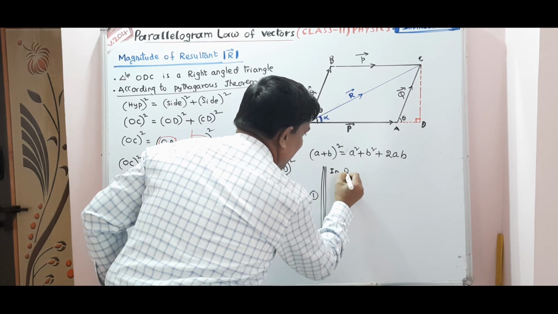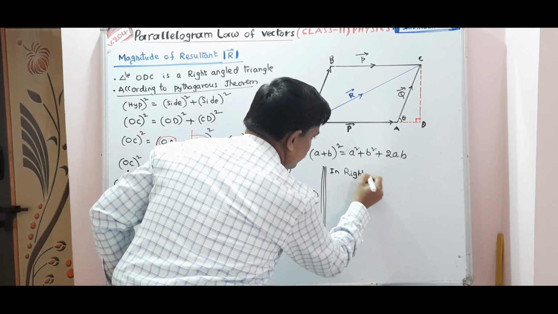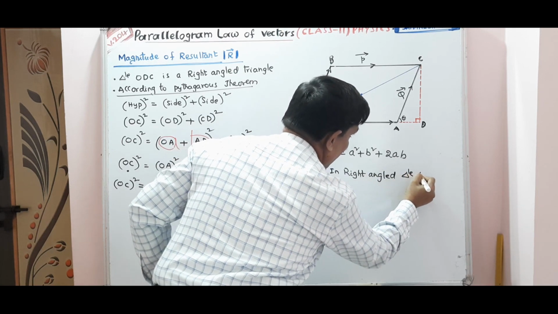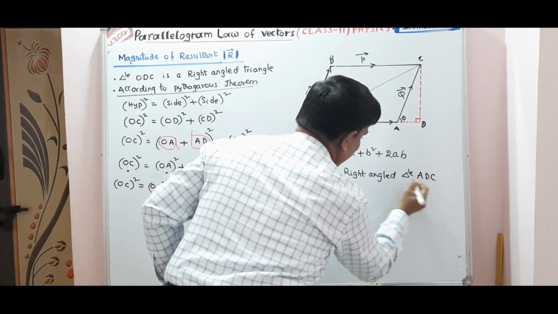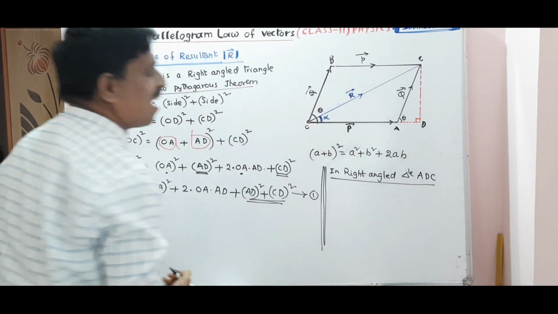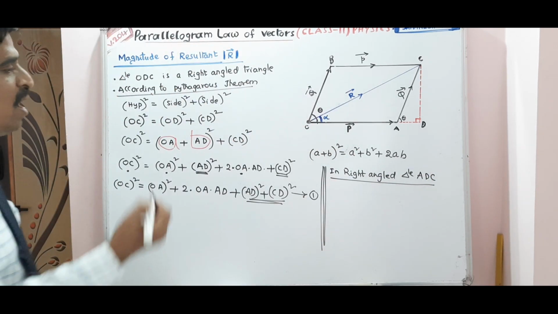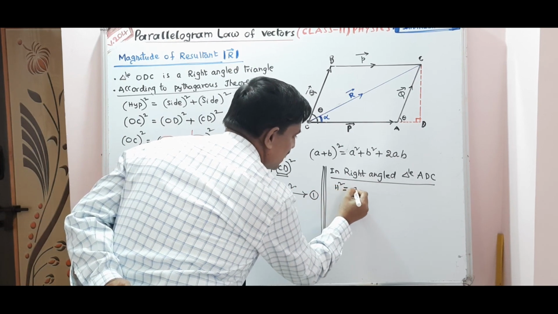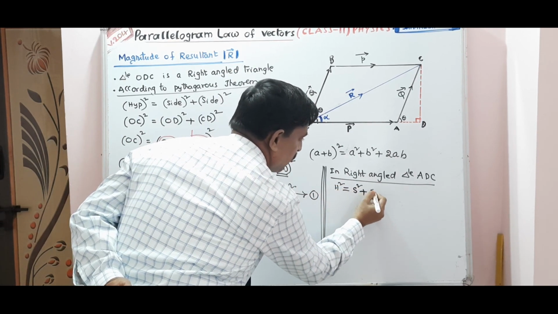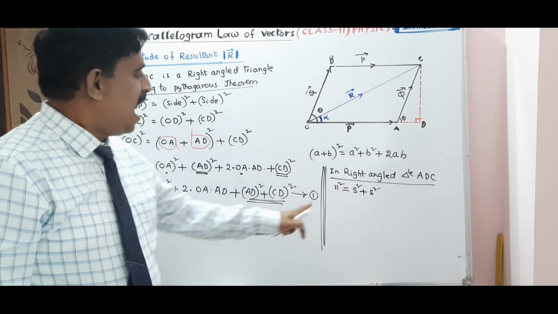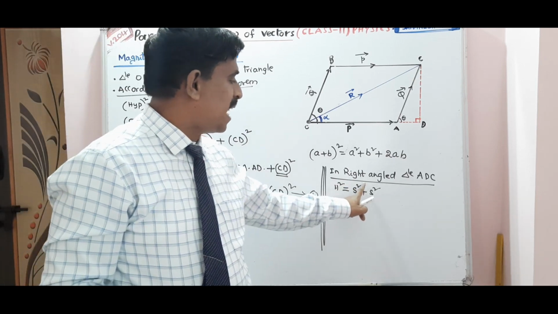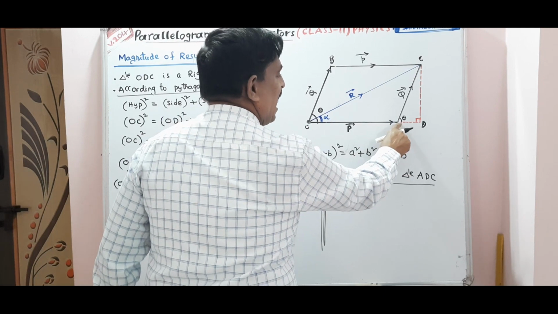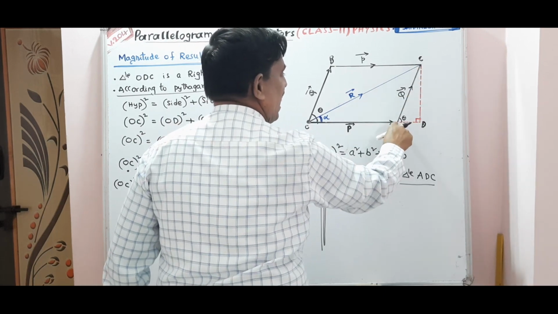In right angled triangle ADC, we know one formula: hypotenuse square is equal to side square plus side square. I am talking about the small right angle triangle ADC.